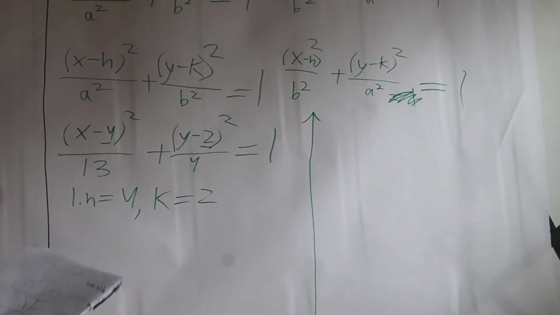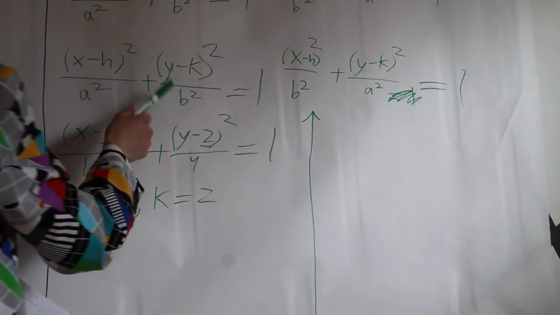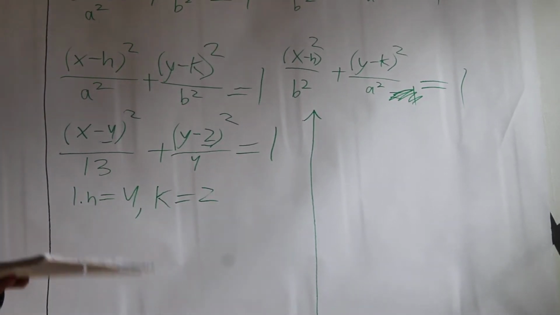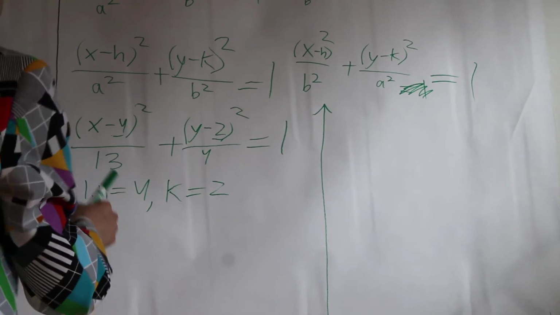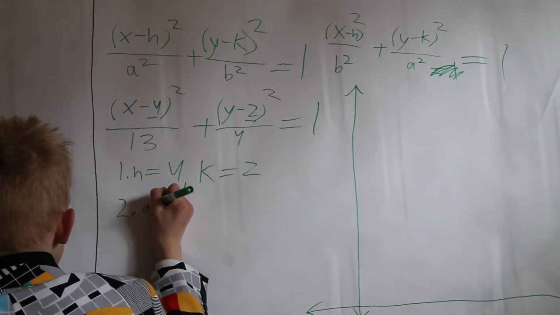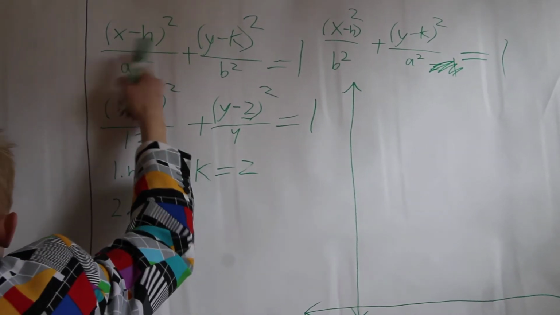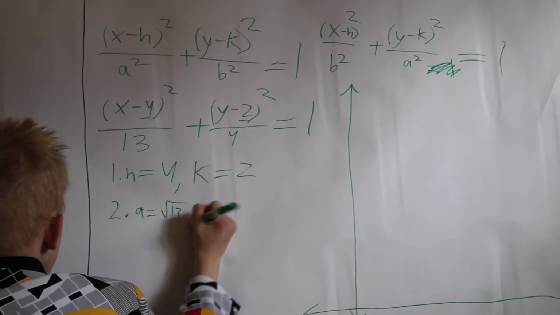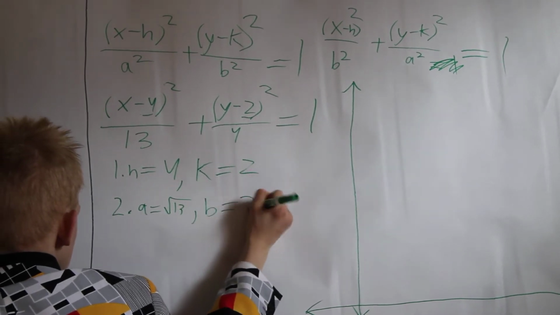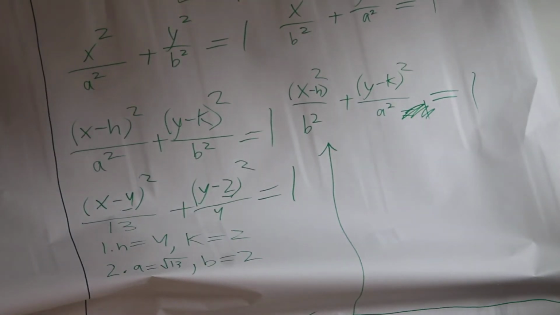If the origin was 0, our outer points are negative and positive a, negative and positive b. So let's find a and b real quick. Our a is going to equal the square root of 13, because you need to square it to get this. And then b equals 2. So we have our a and our b, we have our h, and we have our k.